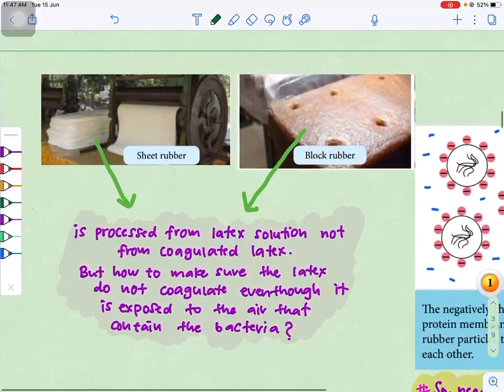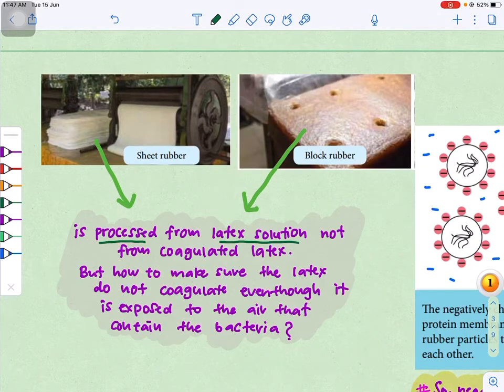Okay, this is an example of a rubber before it's processed to the product. Kita ada rubber sheet and block rubber. Okay, this rubber sheet and block rubber is processed from the latex solution. Meaning that kita kena bawa daripada ladang latex in the form of solution.